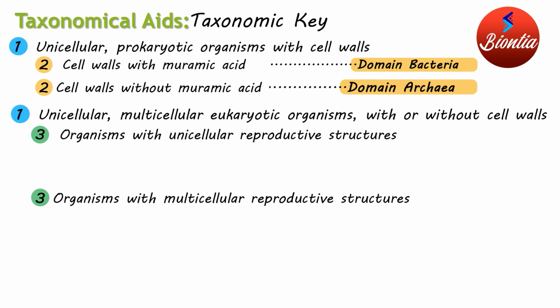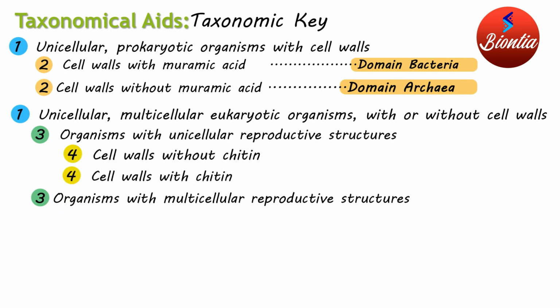Now suppose the taxonomist has selected the first statement of the third couplet, that is the organism with unicellular reproductive structures. Then we have another couplet with two statements, cell walls without chitin and cell walls with chitin, and obviously we have to select either one of them. We cannot select both.